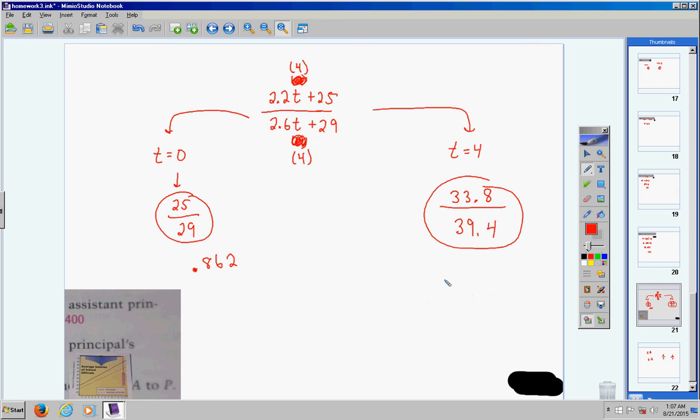And the decimal would be 0.857. And I guess the only thing I could see and put it in words would just simply be the ratio of the salaries of the assistant principal and the principal is a ratio that's shrinking, it's getting smaller. Okay, that's all I would put on that.